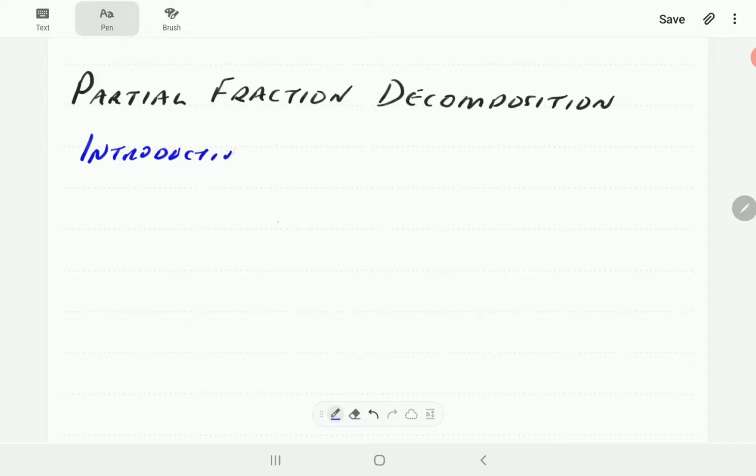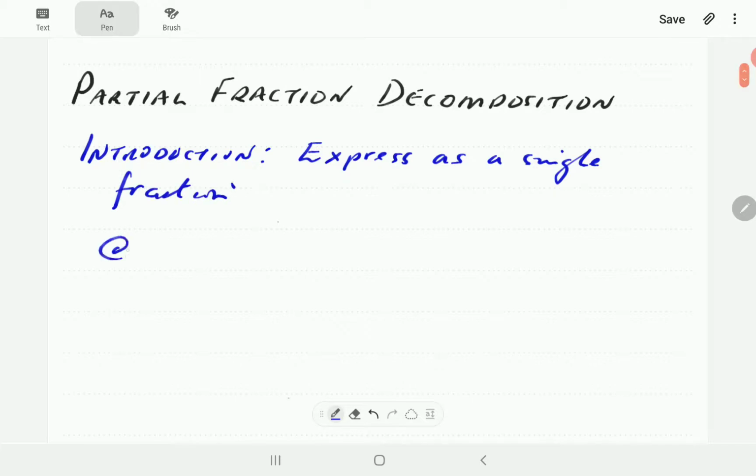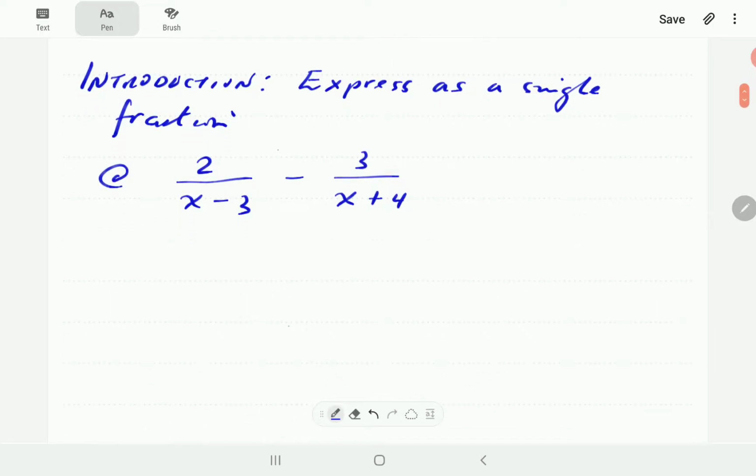Introduction here. So suppose we have the following example. We want to express 2 over x minus 3, minus 3 over x plus 4, as a single fraction.